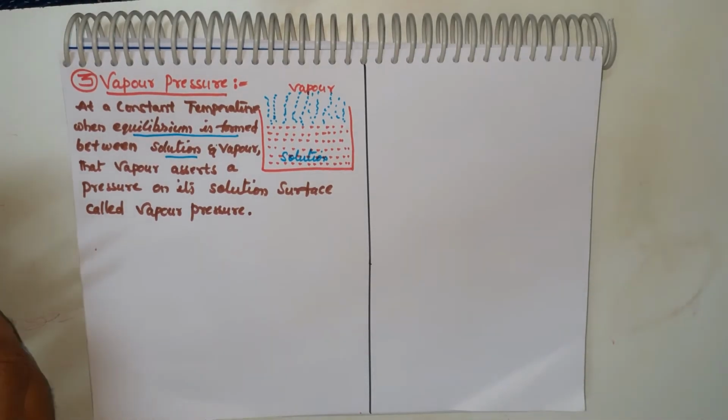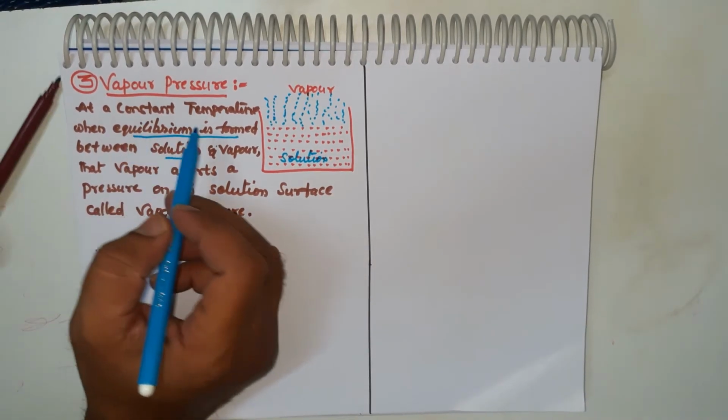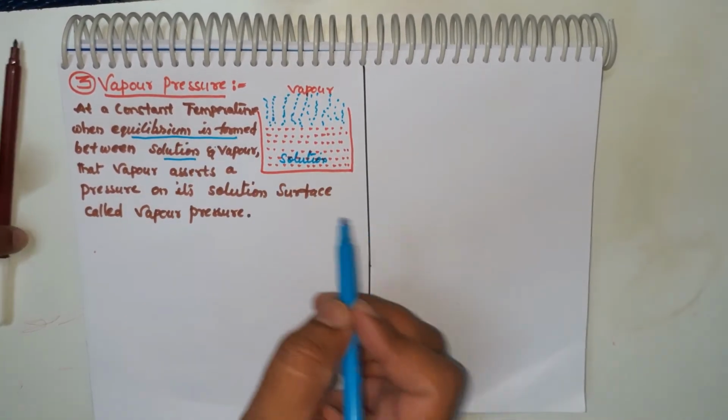Okay students, the third item in colligative properties is vapor pressure. What is vapor pressure?